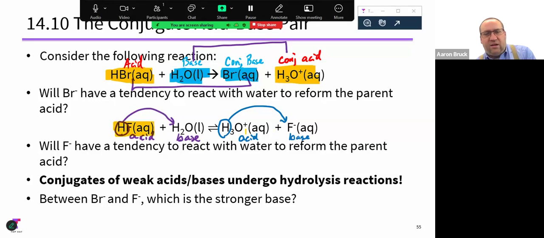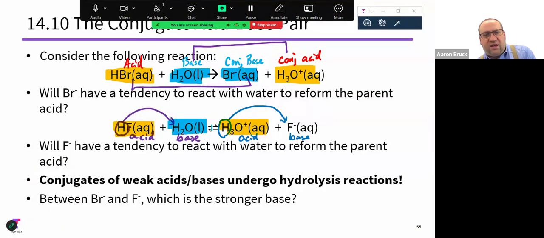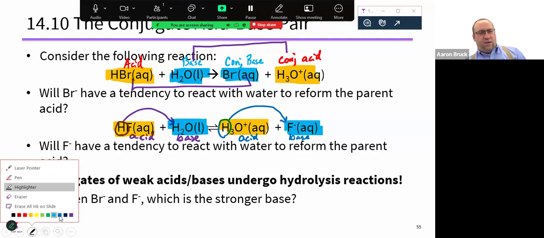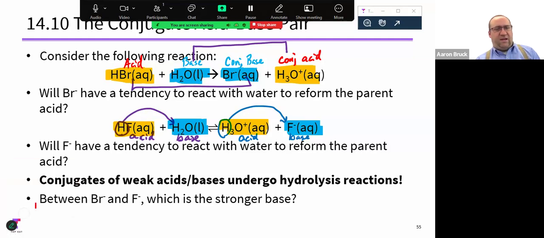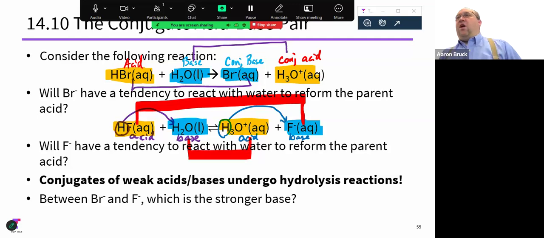I have an acid on each side and a base on each side. And I can pair together the acid of one side to the base on the other side and find a conjugate pair between them. And I can pair together the base on the one side with the acid on the other and find a conjugate pair between them.